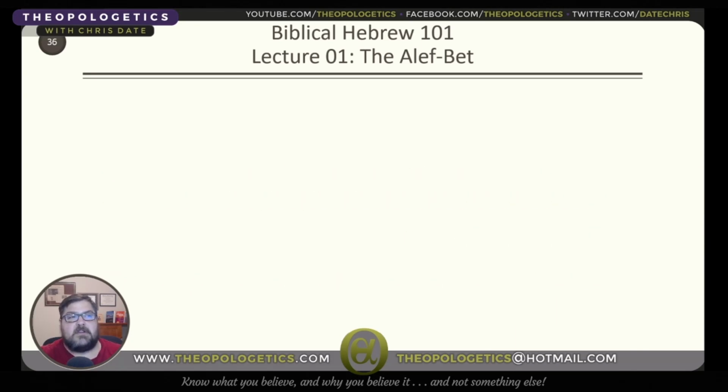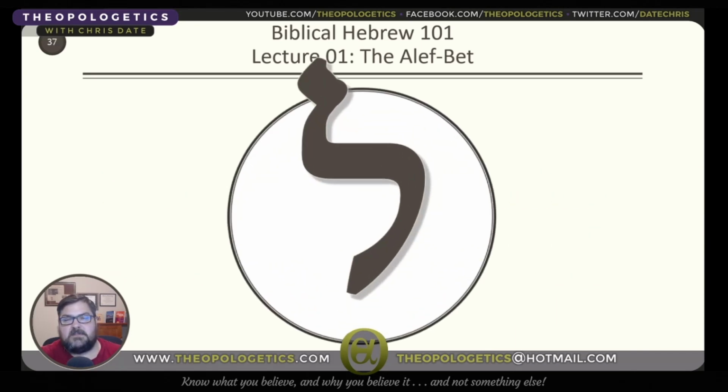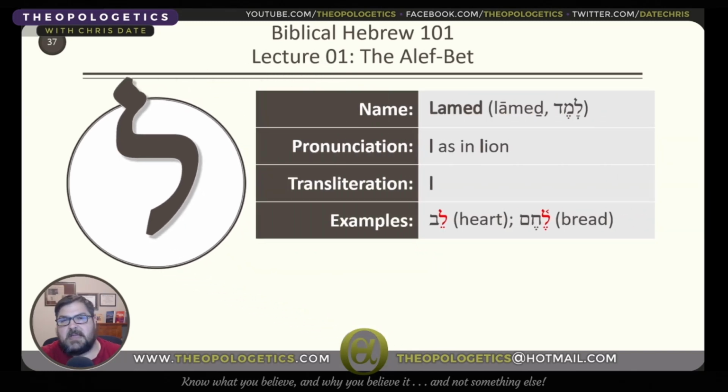All right, so let's move on to the next letter in the Alef-Bet, which is the letter lamed. The lamed is pronounced like the letter L in the English word lion, and it's transliterated using the English letter L. The Hebrew word lev, sometimes rendered levav, means heart, and the Hebrew word lechem means bread.